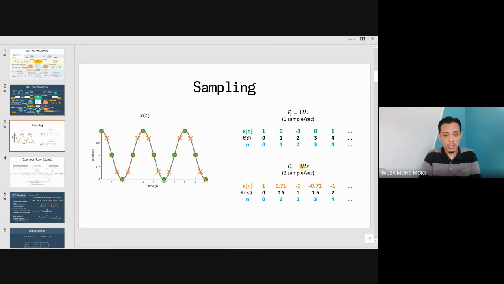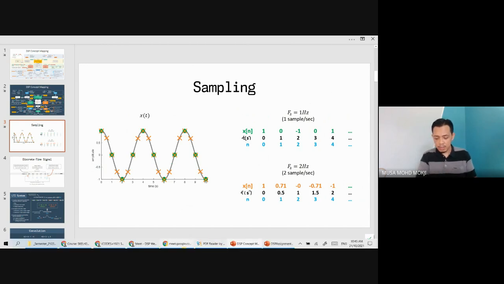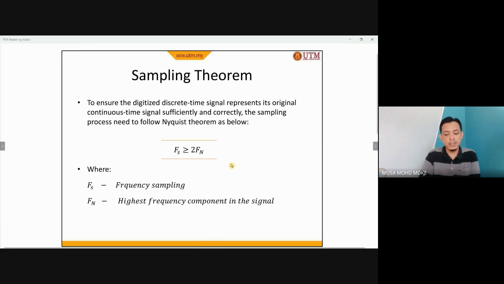Enough for what? Enough to represent the signal. The answer is based on the Nyquist theorem. What Nyquist says is your sampling frequency should be greater than or equal to Fn. And what is Fn? Fn is the highest frequency component in the signal.